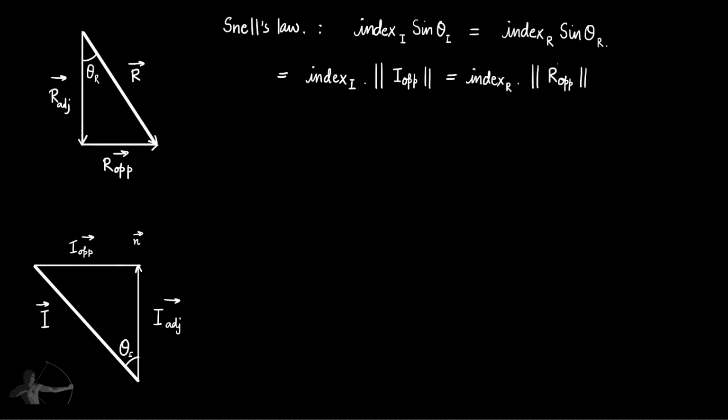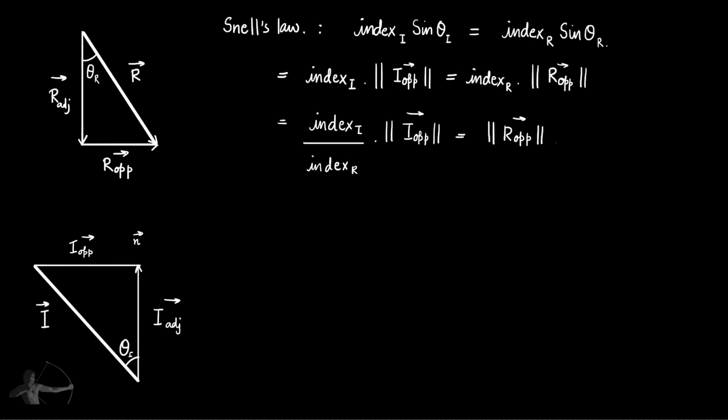And let's give the sign of vectors to both of them. Let's bring the refractive index R to the other side of the equation, which gives us index I divided by index R multiplied by I opposite equals R opposite.